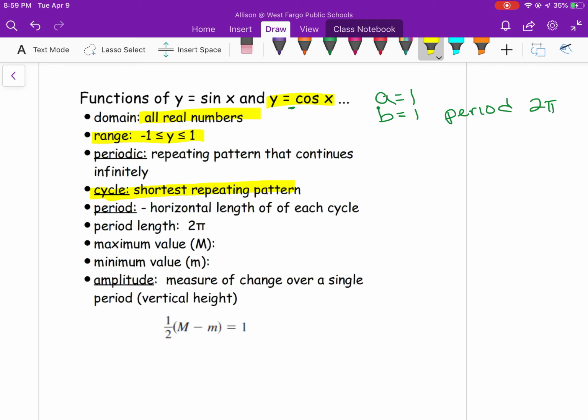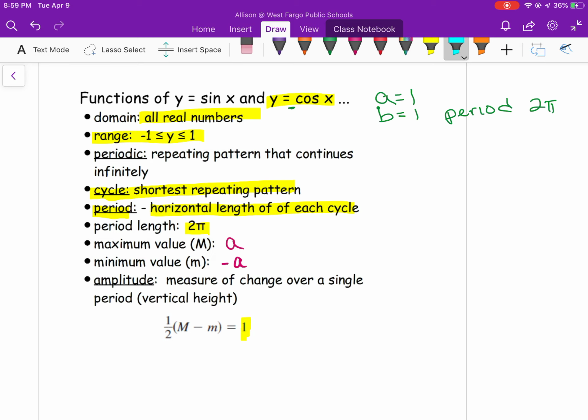The general period length is 2 pi. Our maximum height, M, corresponds to our positive amplitude. Our minimum height, M, corresponds to our negative amplitude. The amplitude is a measure of change over a single period. It's the vertical height. The amplitude of y equals cosine of x is 1.